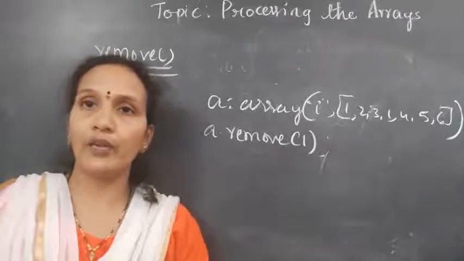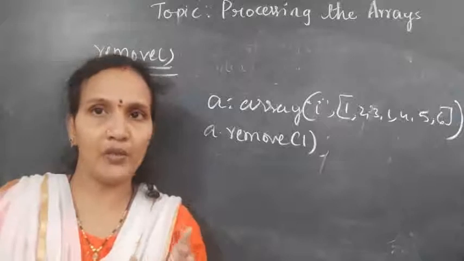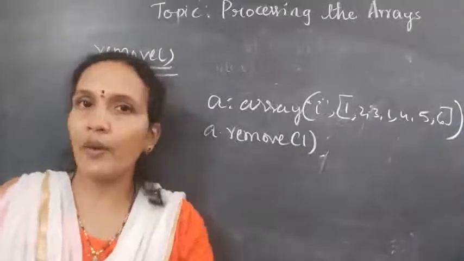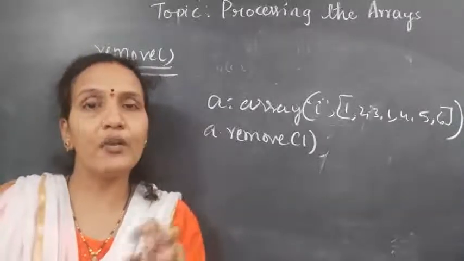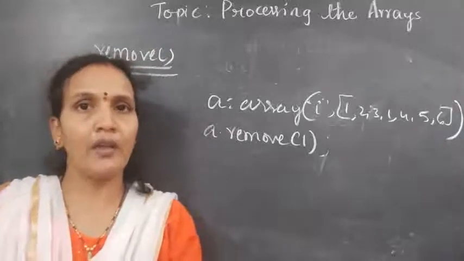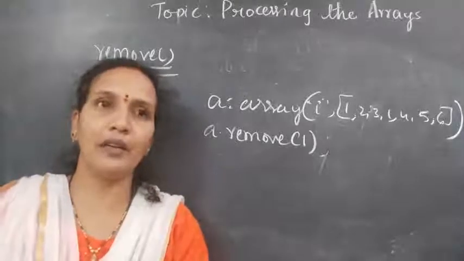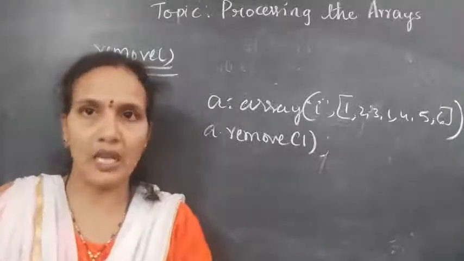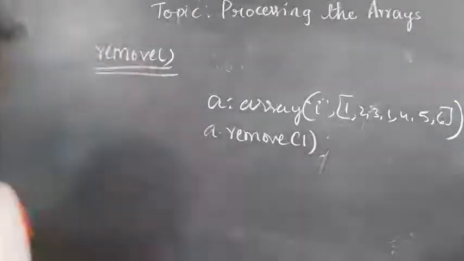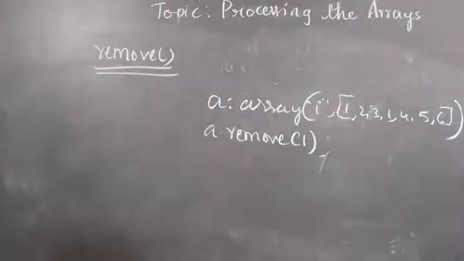Whereas pop removes from the last position or from a given index, remove removes an element's first occurrence, meaning from the first. Okay, now what is the next method? Next method is reverse.